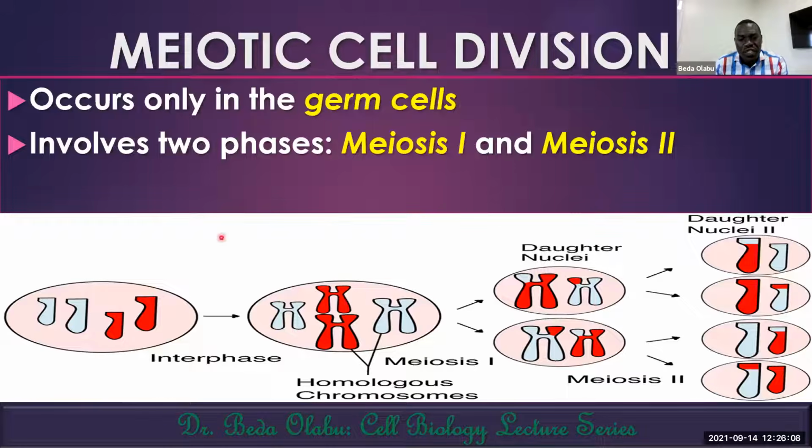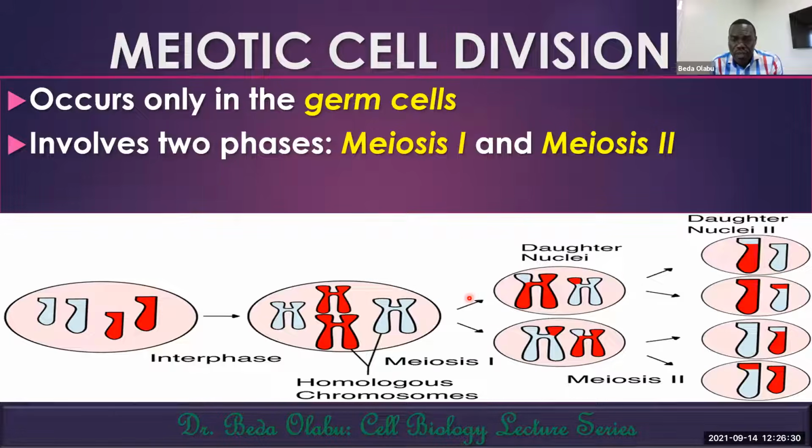In the first phase of meiosis, the main thing is separation of homologous chromosomes. We know that we have 46 chromosomes. Put in other words, we have 23 pairs of chromosomes.